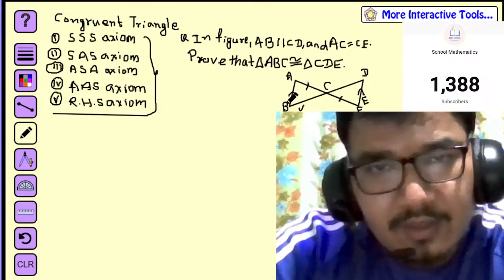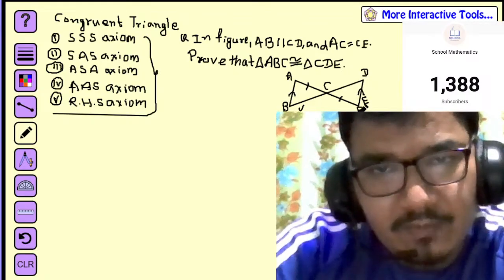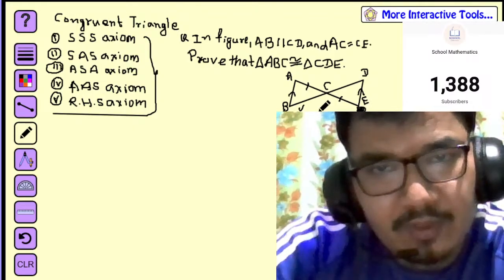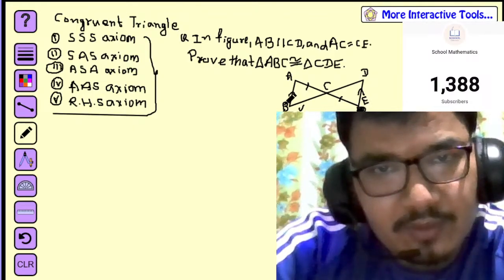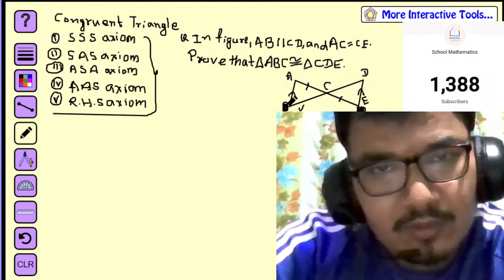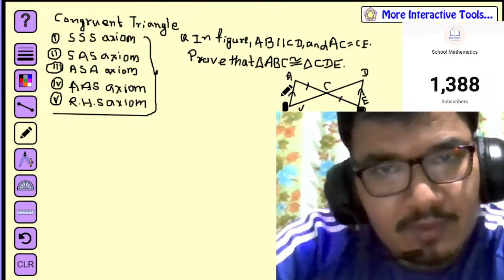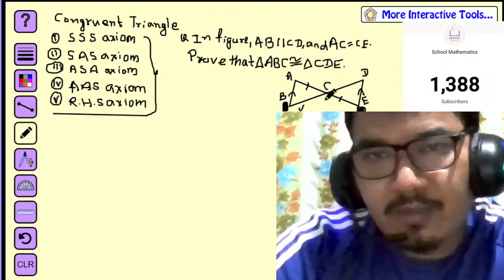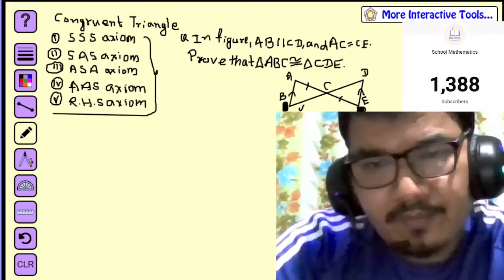I'm writing this B a little bit off, and this E also, so that it will not be hidden there. And this is side AB and this is side D.